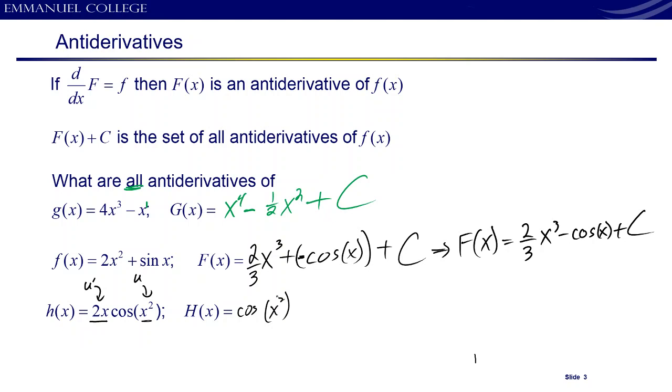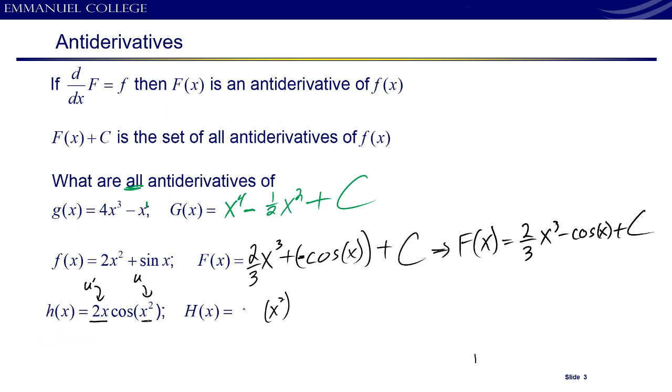Well, remember the way chain rule works. Derivative of the inside, and then derivative of the outside. So this would be 2x, and this would be negative sine of x squared. So it doesn't work for cosine, because when you do chain rule, you have to take the derivative of both things.